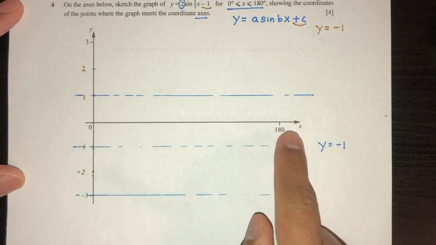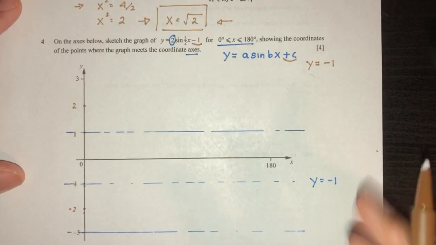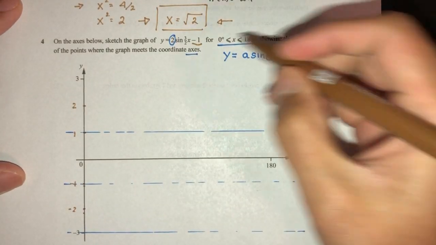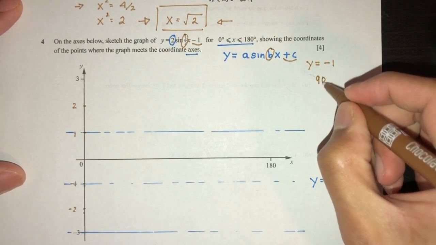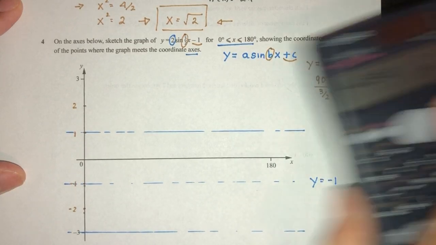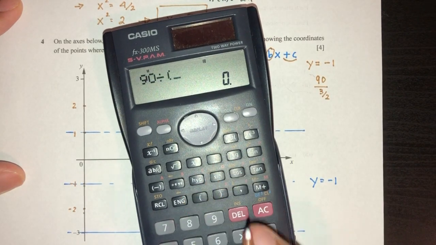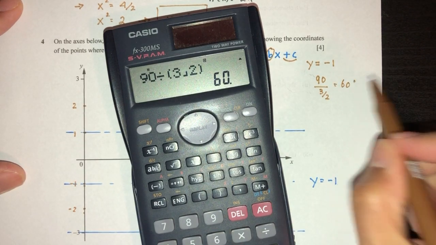We have 0, 180, but what are the intervals we need to divide into? To know this, we look at this value. We take the value of 90, divide by b, which is 3 over 2, to find your interval. So 90 divided by 3 over 2 is 60. So your interval will be 60.